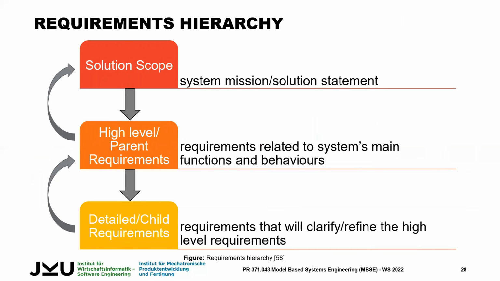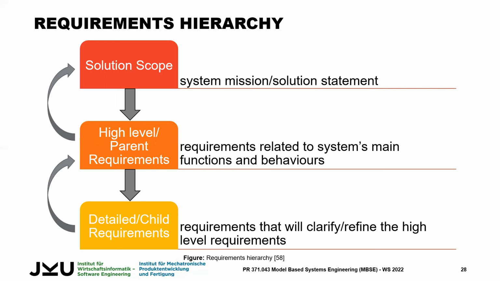So now requirement hierarchy. So solution escape. This is another way I told the goal, then use cases, and system requirements. Normally, this is the traditional way. Solution escape, the system mission or solution statement, what you actually want to do for the aircraft.